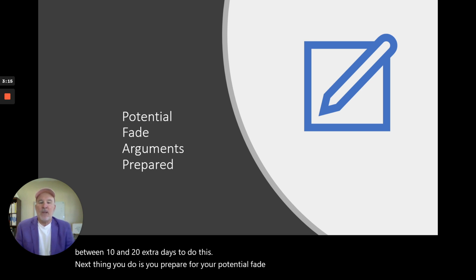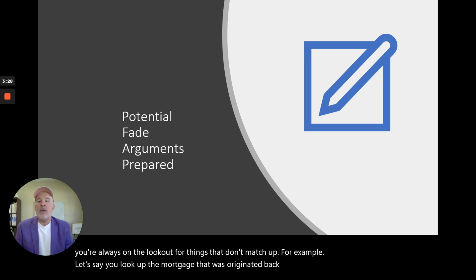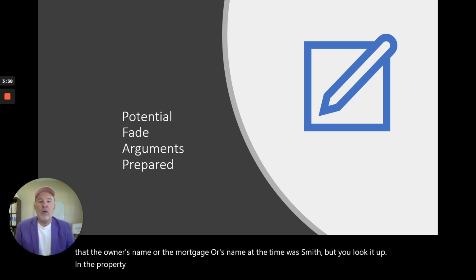What that means is that you're always on the lookout for things that don't match up. For example, let's say you look up the mortgage that was originated back in X number of years, and you see that the owner's name, or the mortgagor's name, at the time was Smith. But you look it up in the property appraiser, and Smith no longer owns the house.